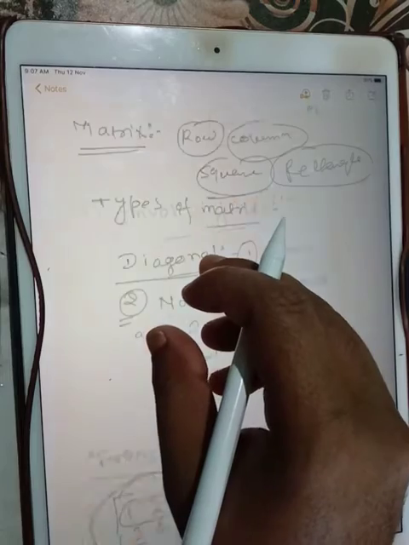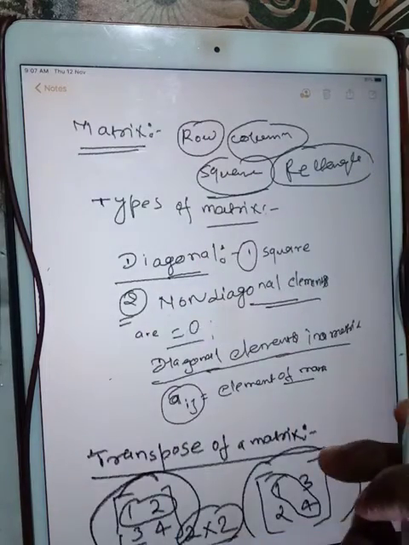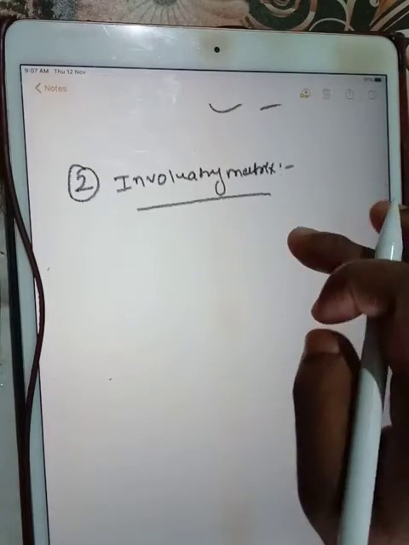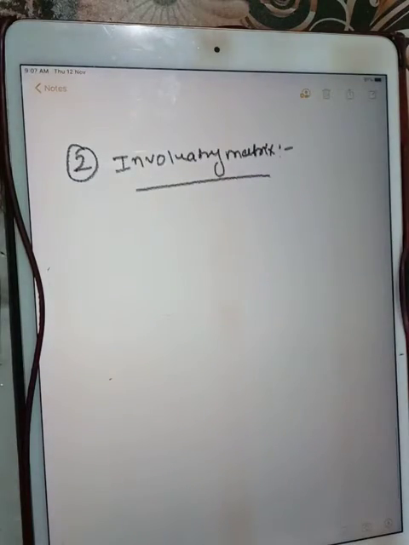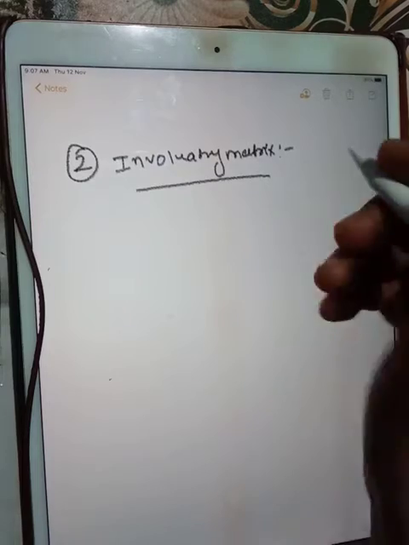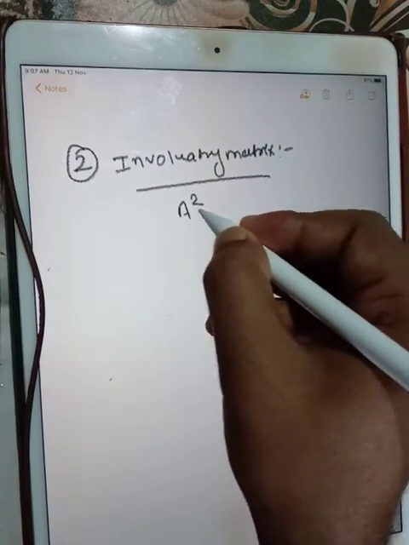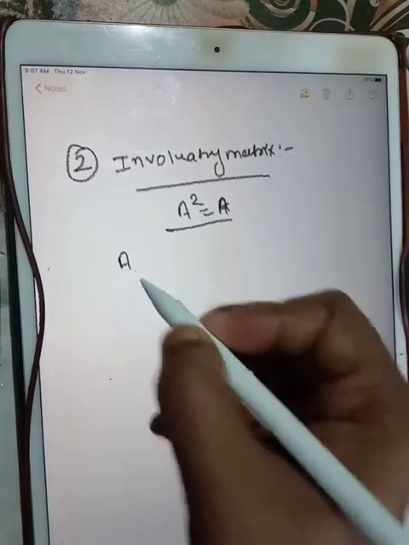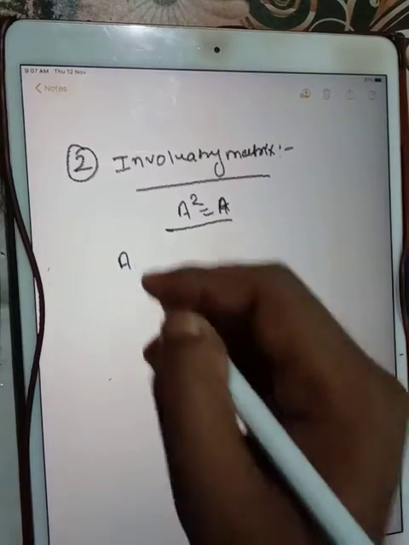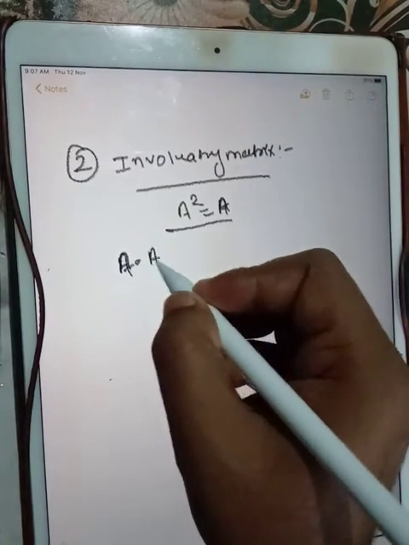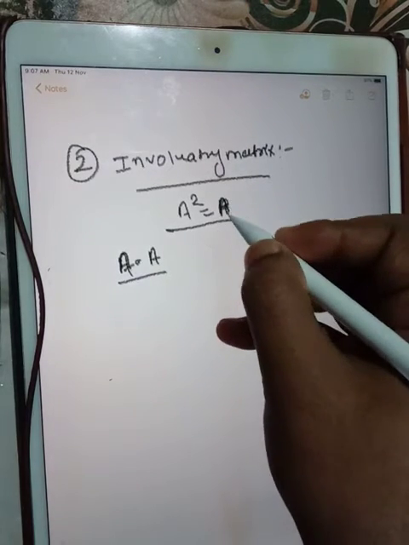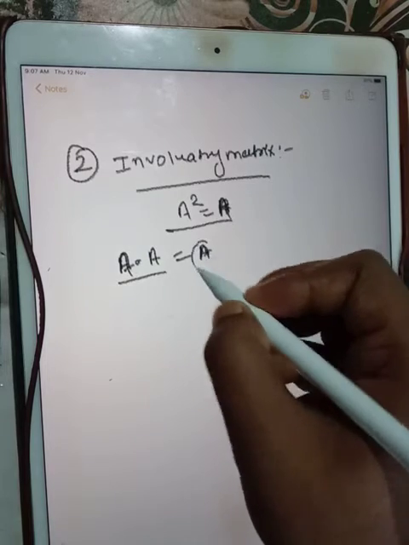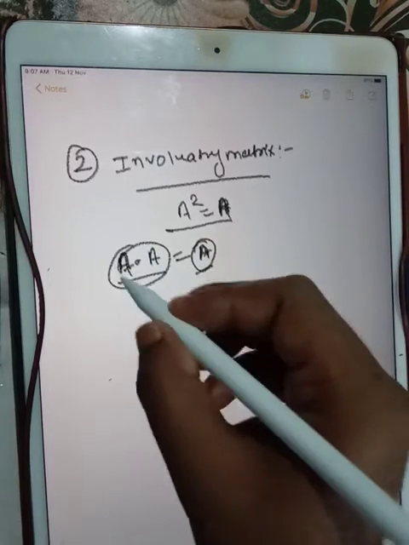What is the definition of this? A square equal to I. That means if we are given any matrix and we multiply the matrix by itself, and the matrix which we get is I, then that matrix is known as an involutory matrix.